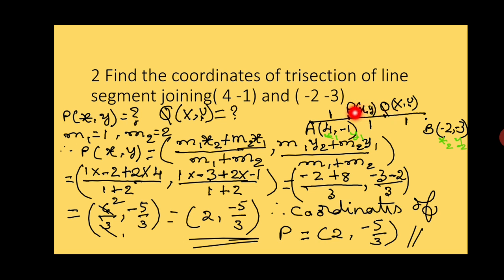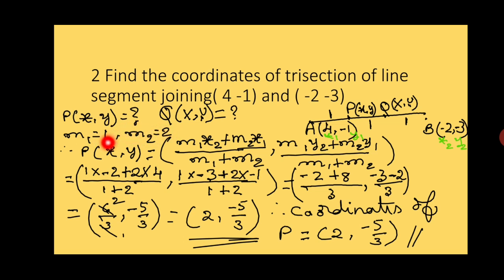Similarly, find the coordinates of point Q. How can you find this? Imagine P is not on the line segment AB. Then only we can find the coordinates of point Q. If P is not on the line segment, what is M1? AQ is M1, it is equal to 1 plus 1, equal to 2.